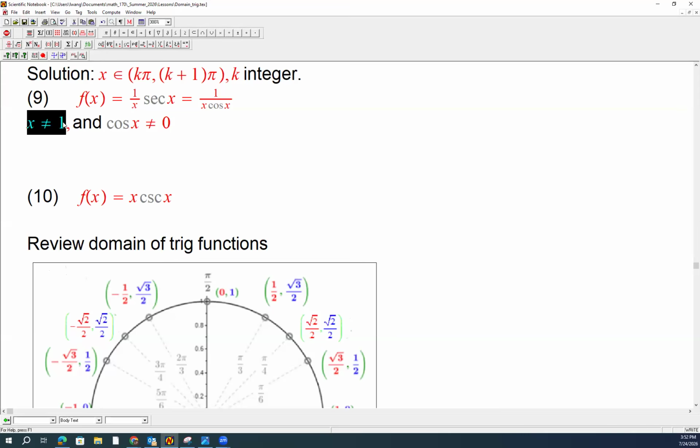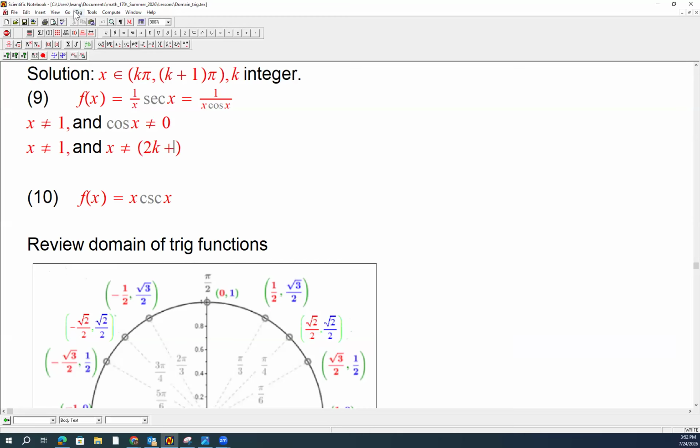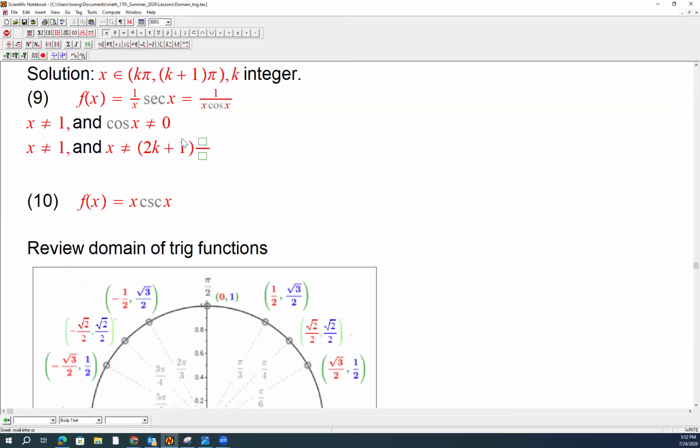To satisfy cosine not equal to 0, x cannot be odd multiples of pi over 2, that is, 2k plus 1 times pi over 2.